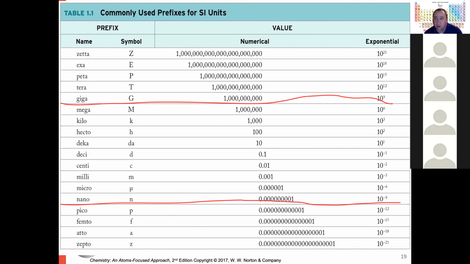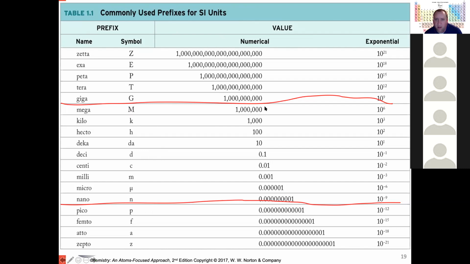For subatomic particles, if we're looking at how big is a neutron, how big is a quark, how big is an electron, that's usually on the femto or atto scale. But again, not too often that we'll see those. In fact, really the only time I talk about pico or any of the others is as a reference in talking about atomic size. So again, if you can stick in between these red lines, this is really where you need to kind of focus yourself and look at the units themselves and the prefixes.